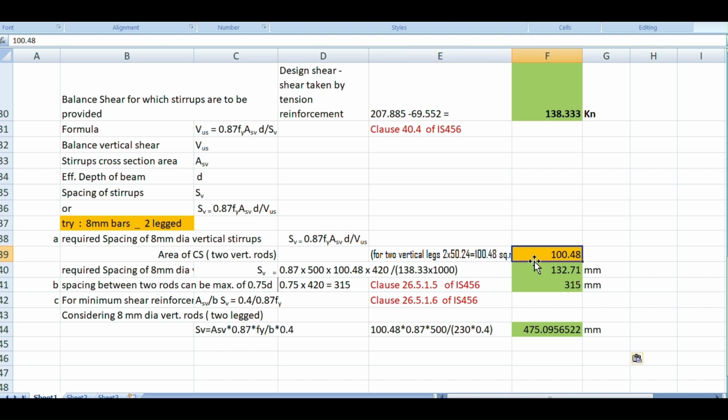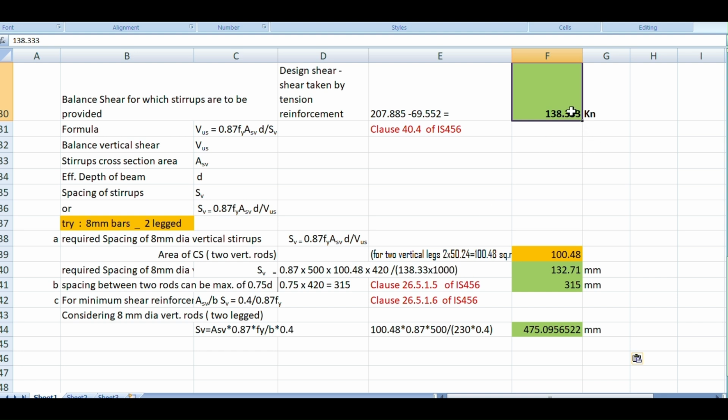Using the same formula, we are going to put all the values: 0.87 into Fy 500 into Asv. Asv is the area of vertical stirrups, 100.48. This is not the tension rod, this is only for the vertical rod. 100.48 into 420, the effective depth of the beam, divided by 138.33, the balance shear, into 1000, which converts kilonewton into Newton.